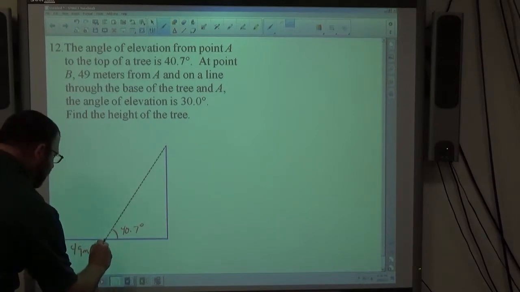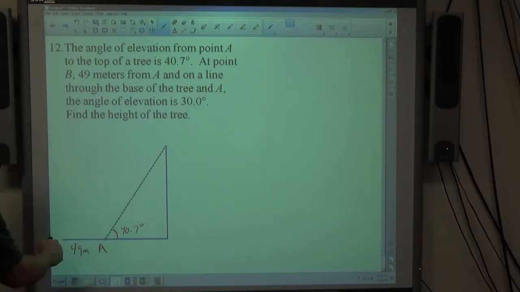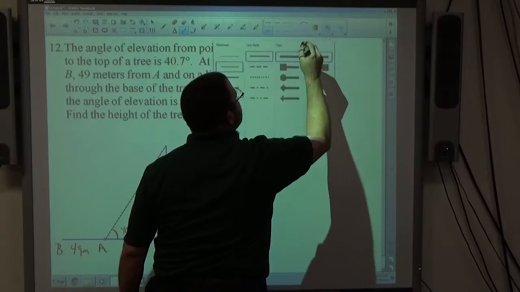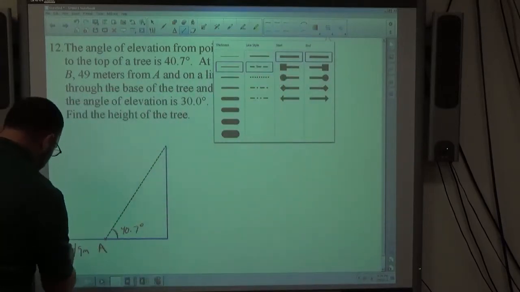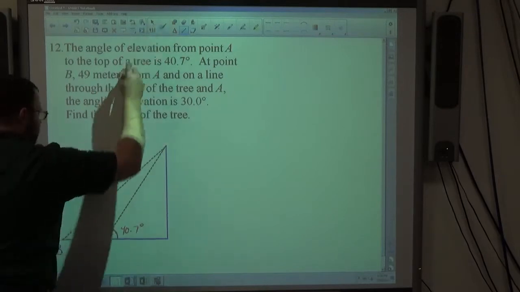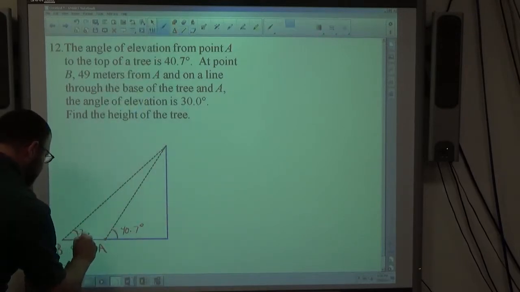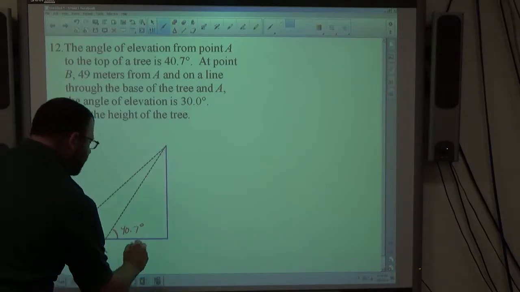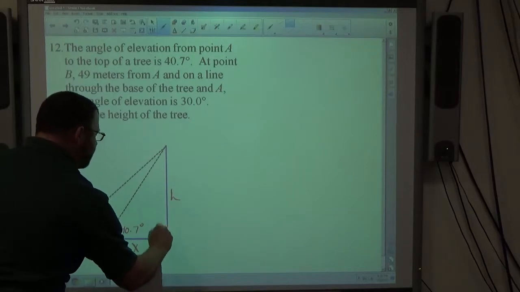So again, A is right here, B is further back from the tree, 49 meters, and we measure the angle of elevation from point B up to the top of the tree. We find that to be 30 degrees, 30.0 if you wish. What I don't know is how far we are from the tree initially or the height of the tree. What I'm asked to find is the height of the tree.